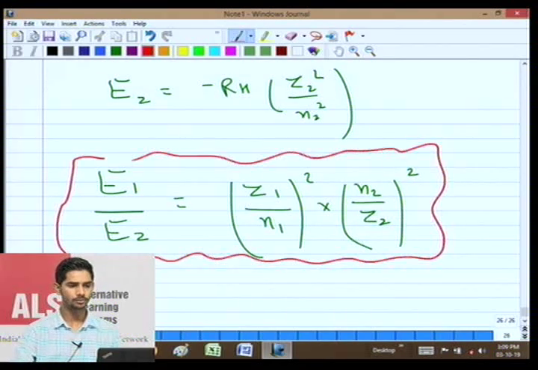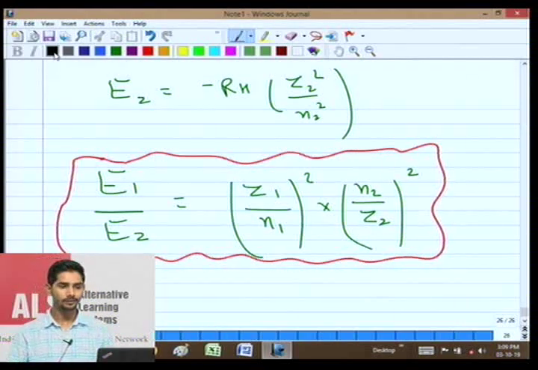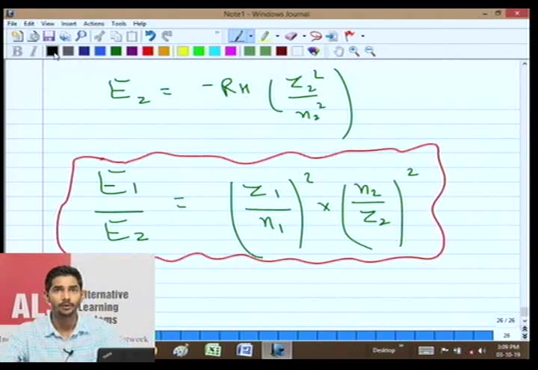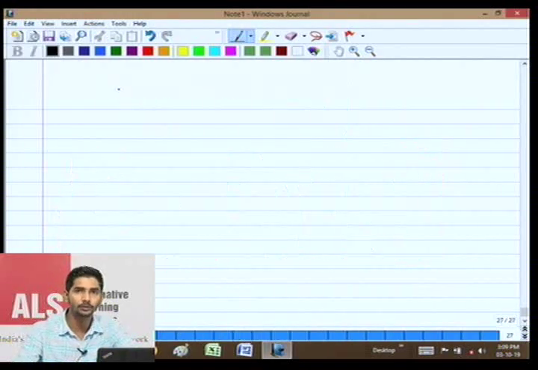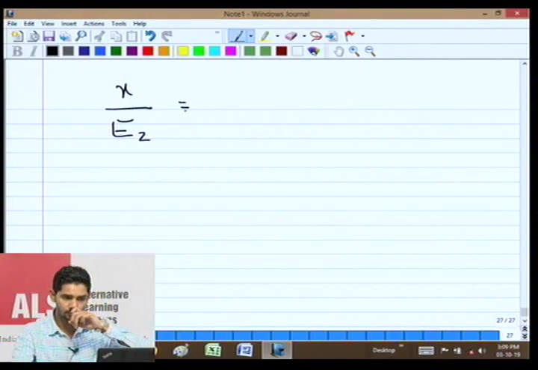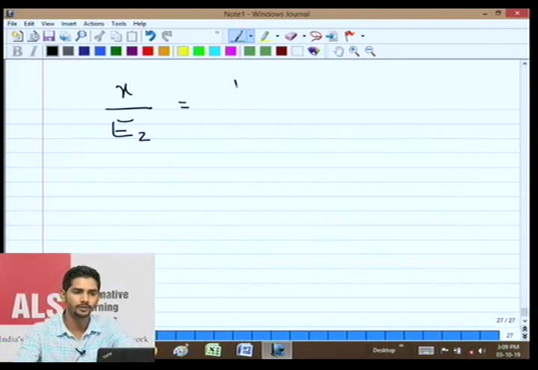This relation will be used whenever in one condition the energy is given to you and a second energy is asked. So guys, remember one thing, that the first energy is given to you as X. You have no information regarding the given value, X can be anything. So if I put that value over here, this is your X. E2 you have to calculate will be equal to what? Z1 upon N1, so Z is 1 for hydrogen.